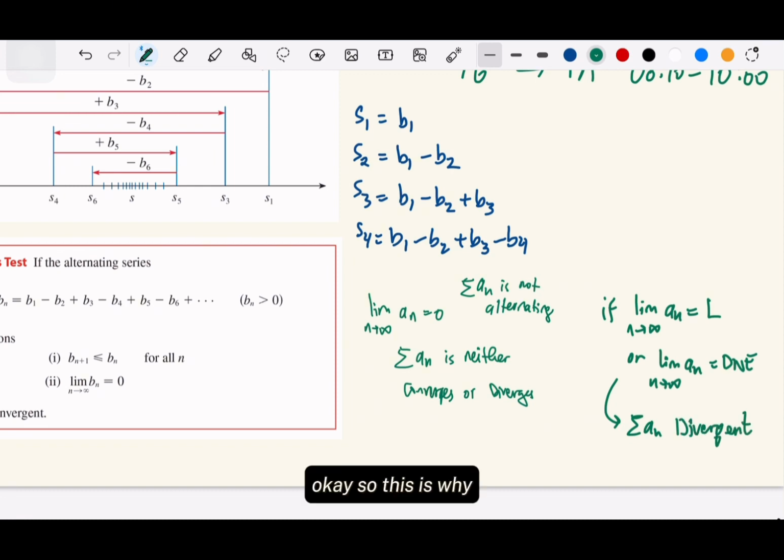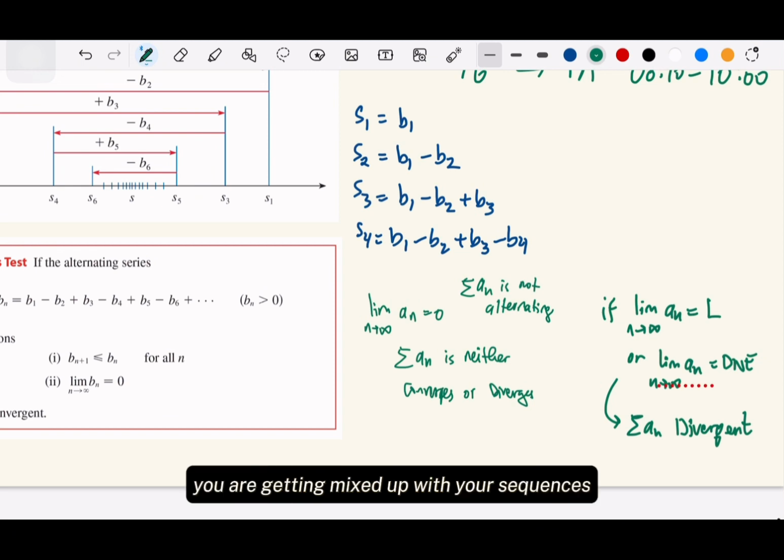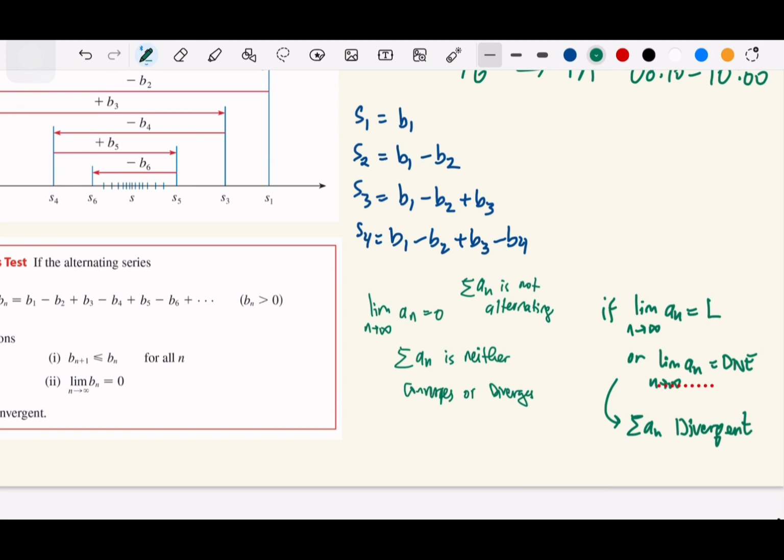So this is why you are getting mixed up between sequence and series. So be careful. Okay?